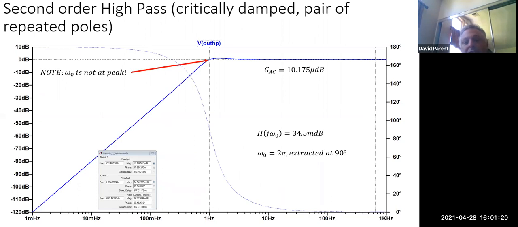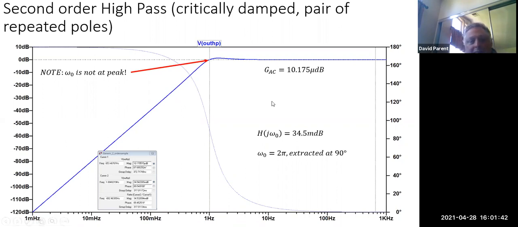Now, here's an example where omega naught is not at the peak. This is omega naught, but the peak is over here. And again, if I plotted an asymptotic line this way and a line that way, you would see that omega naught is still at 2 pi.